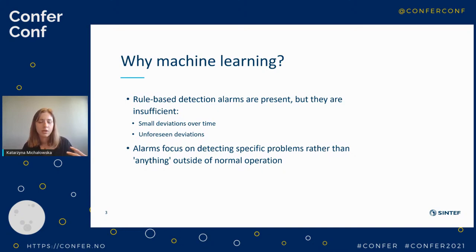Also, these are tuned to detect particular things that we know can happen in a thruster. So there's nothing unforeseen, really, that we can detect with these methods. Our hope is that by using the flexibility of machine learning, we will be able to extract patterns that wouldn't be so obvious for a human to program, and in this way detect a wide range of deviations, including the small ones and the ones that we cannot really foresee.